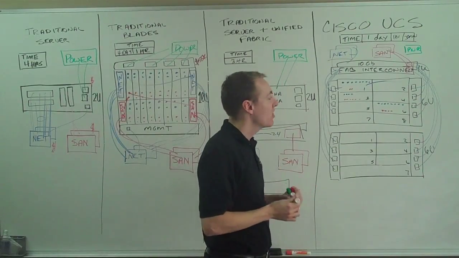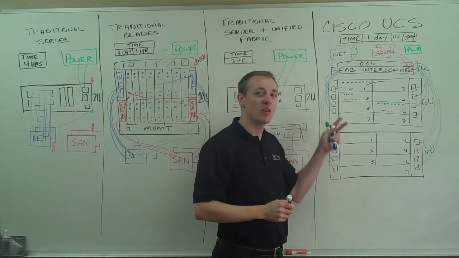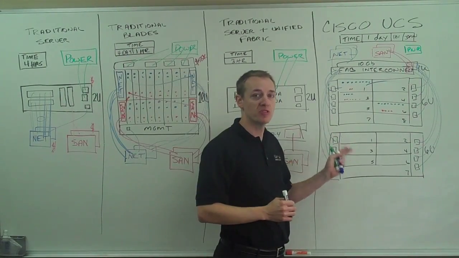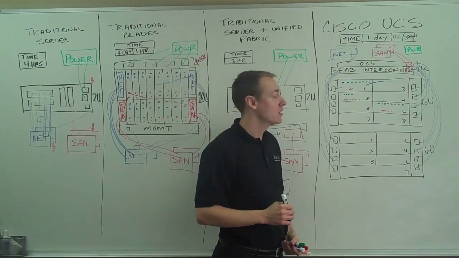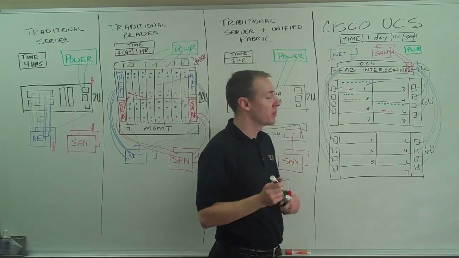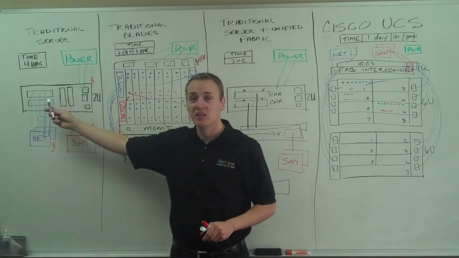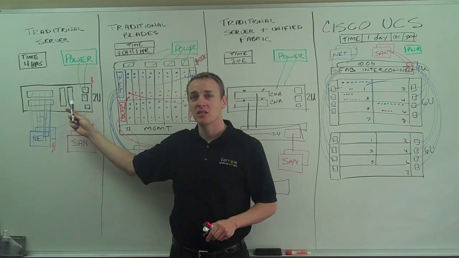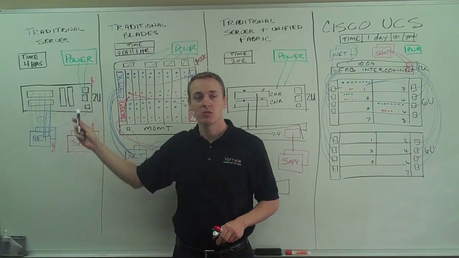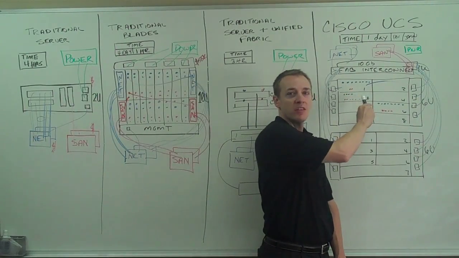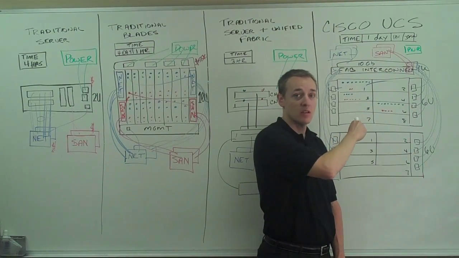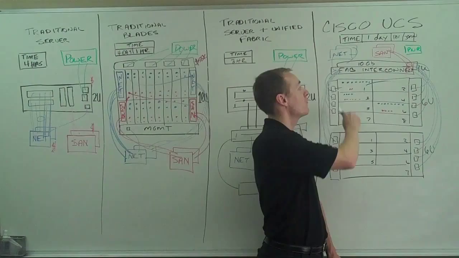And guess what? This solution is really the only solution on the market that was purpose-built for boot from SAN. And what do I mean by that? Well, remember here I was talking about how these network cards had built-in MAC addresses that were burned in, and these HBAs had burned in worldwide names? These blades don't. They actually receive their worldwide names and their MAC addresses and their BIOS settings and many, many other settings from the master.